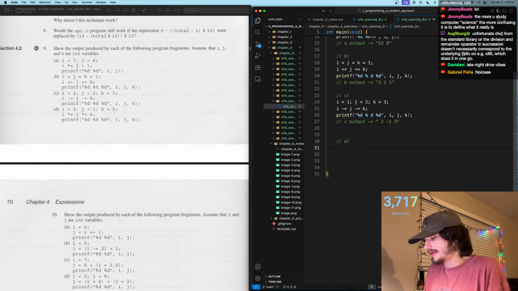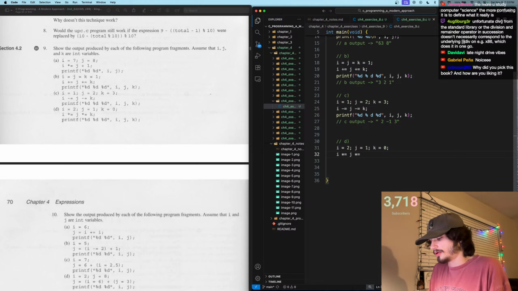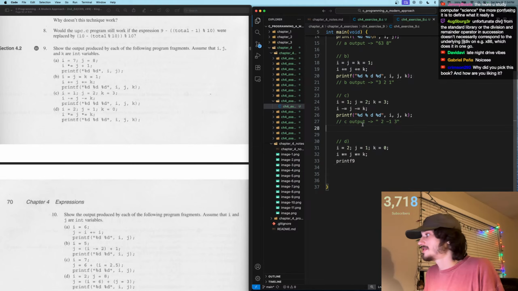We're going to go i is equal to 2, j is equal to 1, k is equal to 0. Let's do i multiply-equals j, which multiply-equals k, and we're going to printf the same thing as above here.